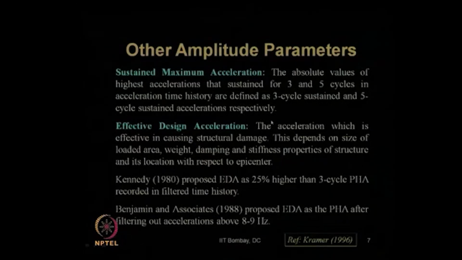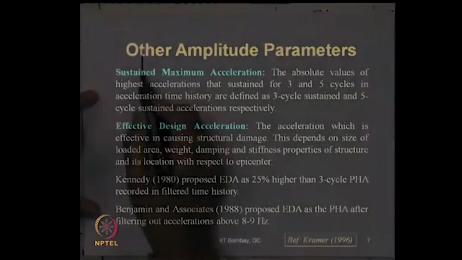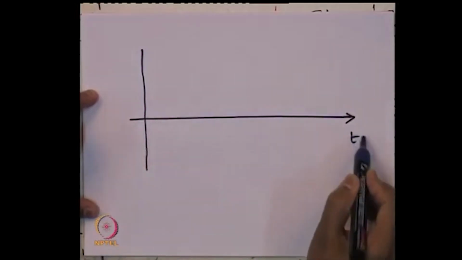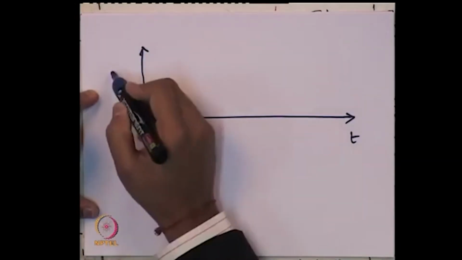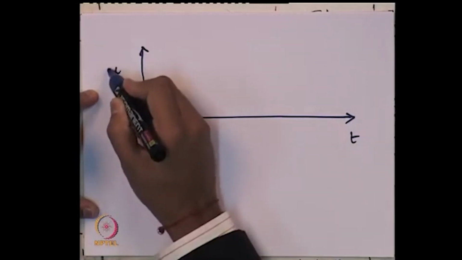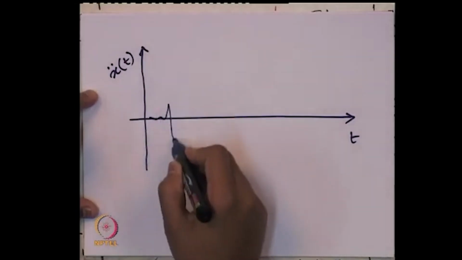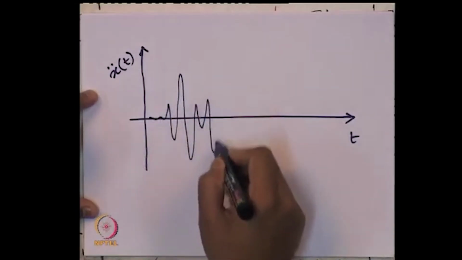So, if we see the plot of acceleration versus time, suppose the acceleration versus time plot is somehow going like this.